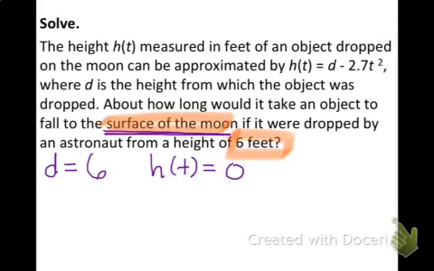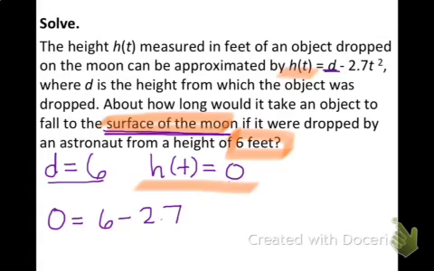So what we're going to do is plug the information in where it fits into the equation. So h of t is 0, so I'll say 0 is equal to, my D is 6 minus 2.7 t squared.